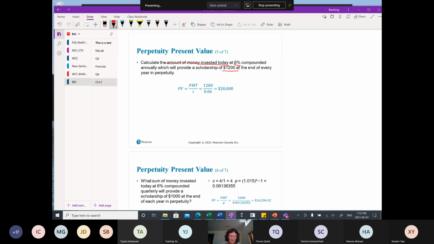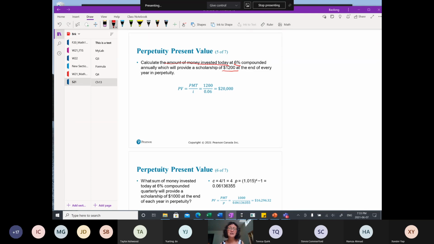By the way, when I taught this course in the past, I gave a similar question during the test, and a student said it is impossible to do this question because there is no term N. Without the term N, how do I calculate annuity? This is the question I got from students, not only once, but on several occasions.